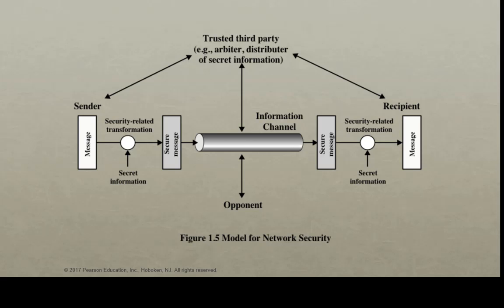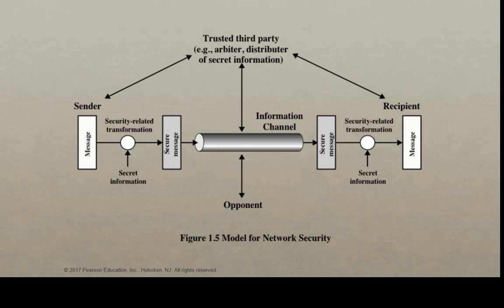Security aspects come into play when it is necessary or desirable to protect the information transmission from an opponent who may present a threat to confidentiality, authenticity, and so on. All of the techniques for providing security have two components. One, a security-related transformation on the information to be sent.